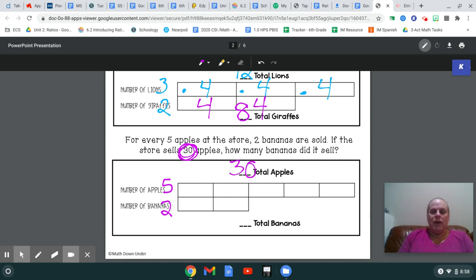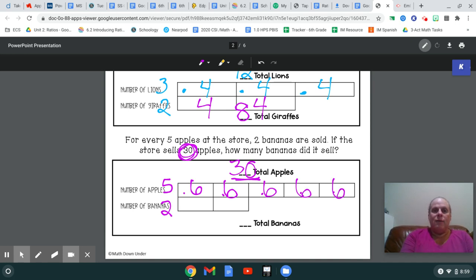So since they give you that amount, you can go ahead and write that in, 30 apples. All right, now we have to figure out what to put in each of these boxes. So if we have 30 total apples, 5 boxes, we can use division and we figure out that we need 6 of those apples in each box. 30 divided by 5 is 6.